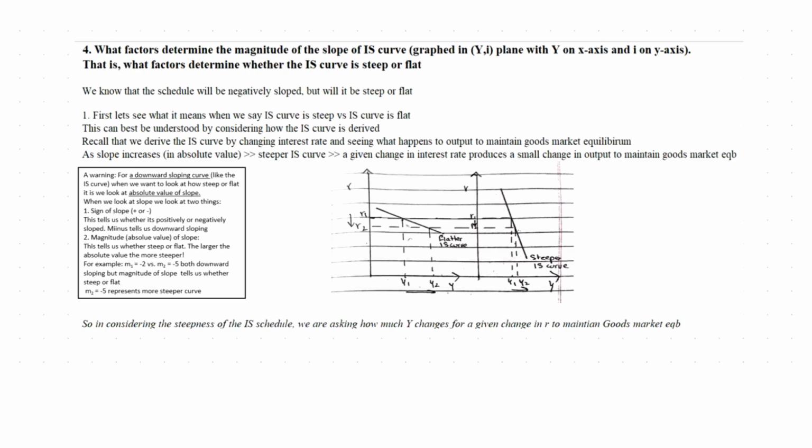So in considering the steepness of the IS schedule, we're essentially asking how much Y changes for a given change in R to maintain goods market equilibrium. If you require a very large change in Y for a given change in R, we get a flatter IS curve. So a flatter IS curve essentially just means that a given change in R produces a large change in output to maintain goods market equilibrium. That's the economic meaning behind when we say the IS curve is flat.